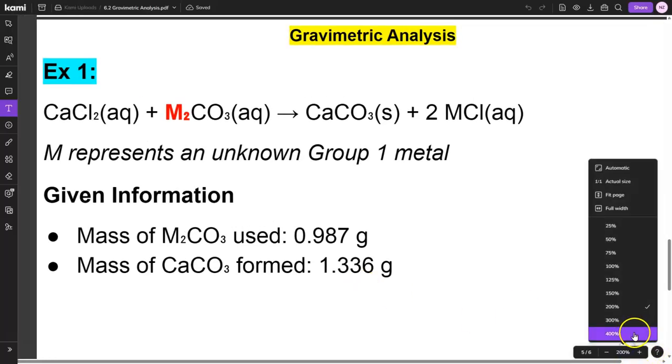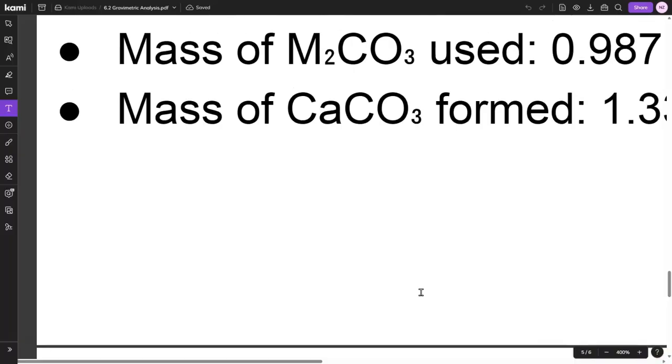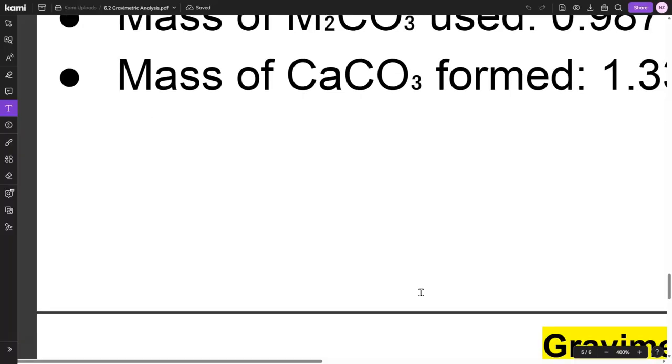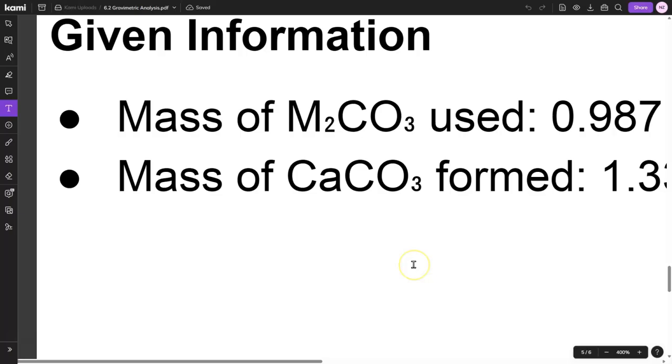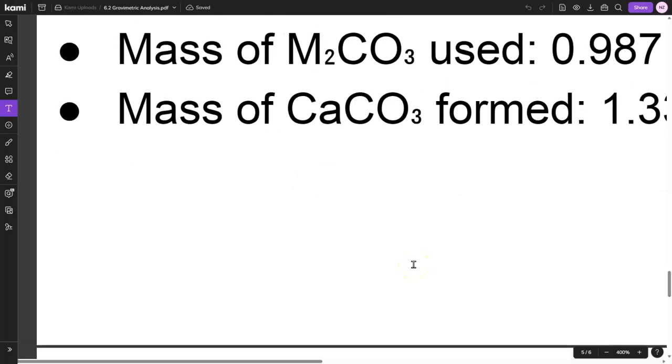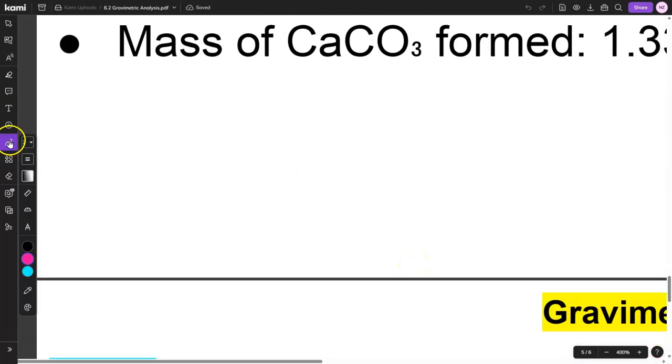All right, so let me zoom in just a tad here. Okay, so the first thing that we need to do is take our calcium carbonate and turn it into moles. So let me just set this up. So we have 1.336 grams of our calcium carbonate, and we're going to turn it into moles. So we'll set up our conversion. You will need the molar mass of calcium carbonate.